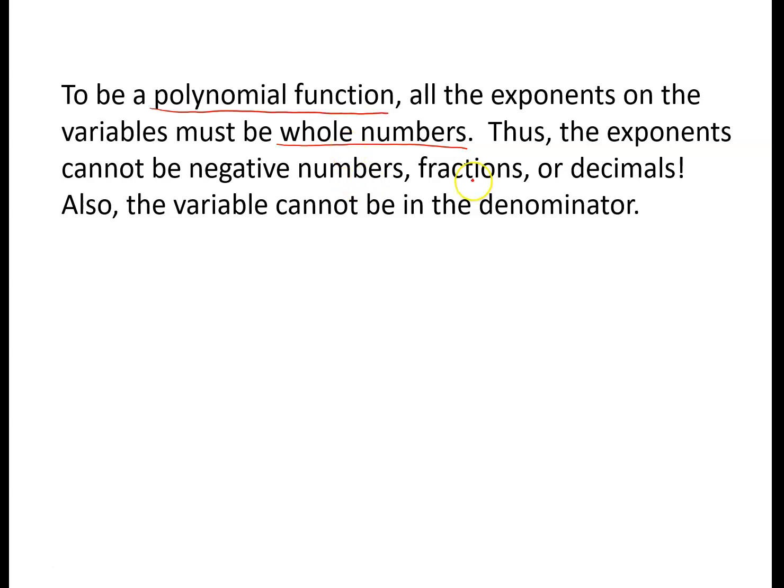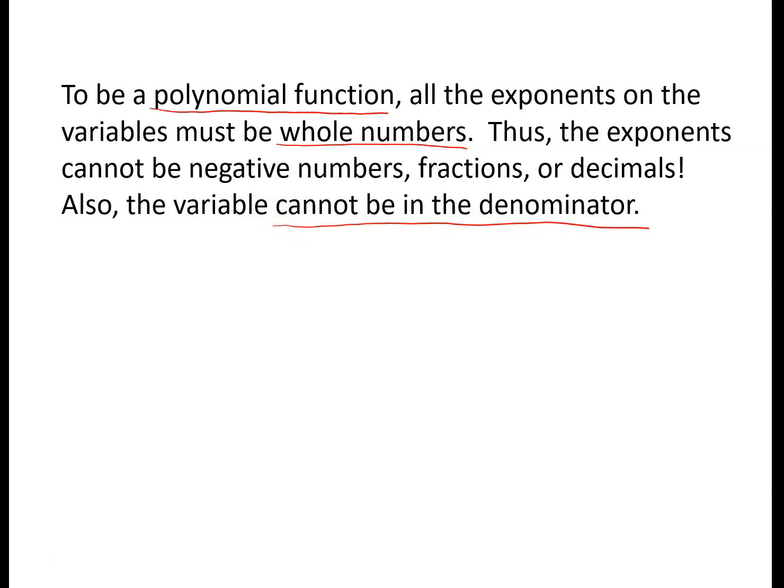They cannot be fractions, and they cannot be decimals. So when you are looking to see if you have a polynomial function, look at the exponents. They have to be whole. They cannot be negative, fractions, or decimals. And another thing that's important is the variable cannot be in the denominator.